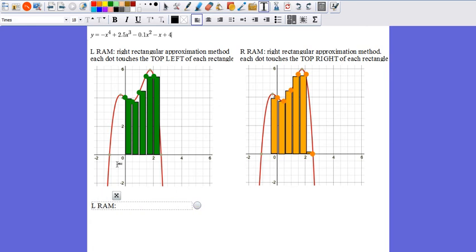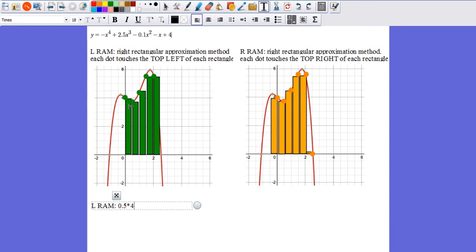I'm going to figure out the area of this first rectangle right here. That is going to be 0.5 times the height of it, which is 4.